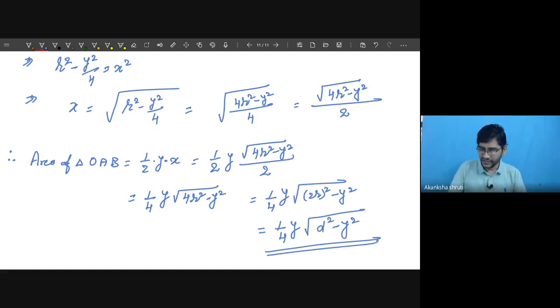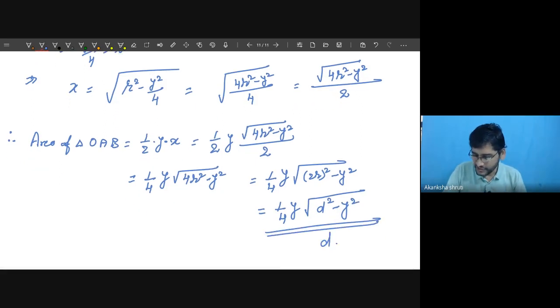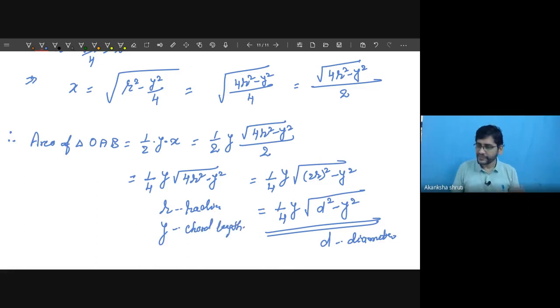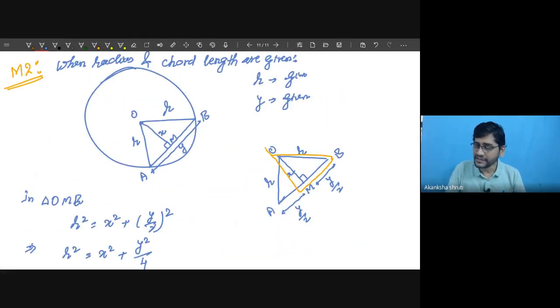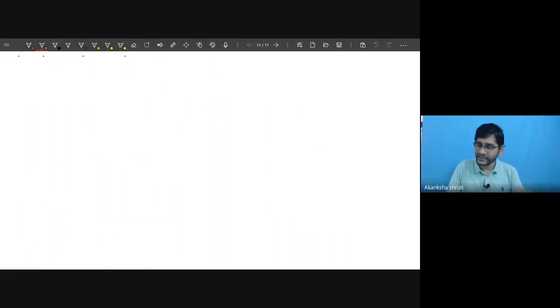So in terms of diameter, d is the diameter, r is your radius and y is your chord length. So this approach shall be adopted wherever the chord length is given, and wherever the angle is given, then we shall apply the first.